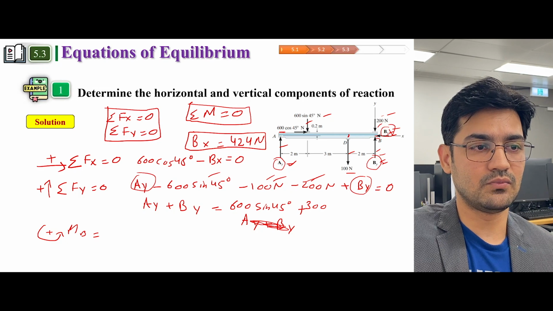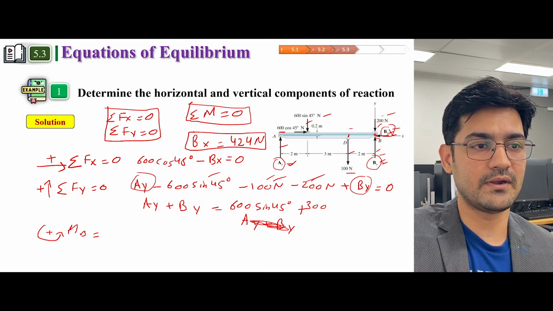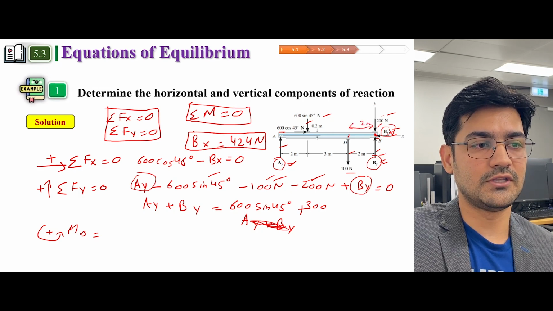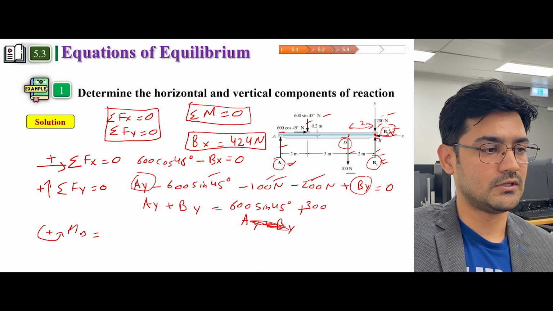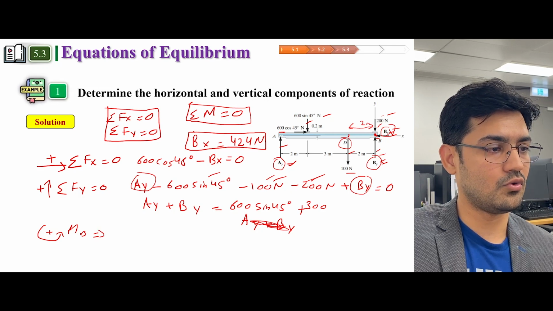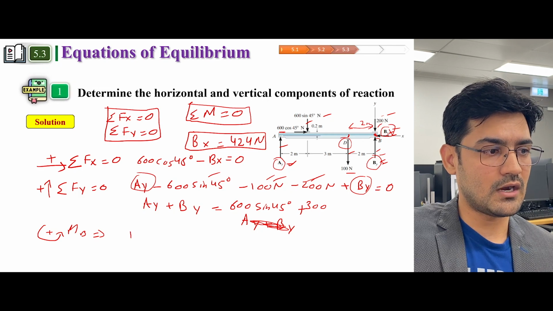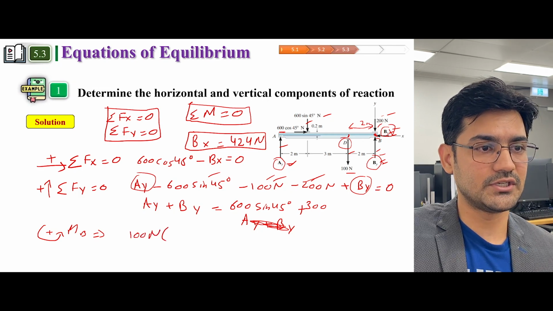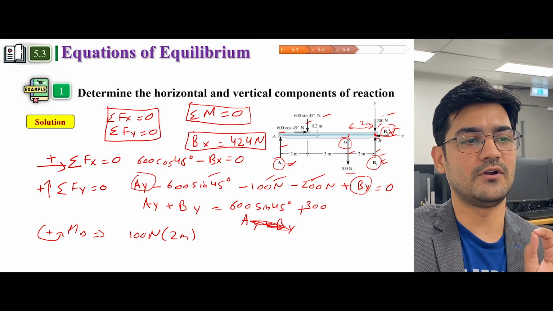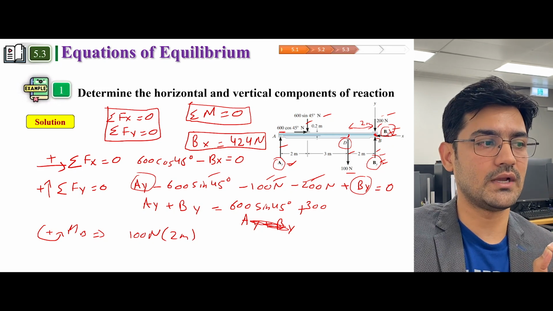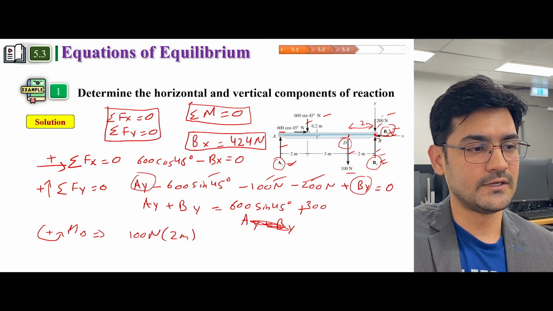Now what is the distance between moment at this point b and d? The distance is 2 meters. So for this force, the moment would be 100 Newton into what is the distance? 2 meters. So this is the moment for 100 Newton force. And this is anti-clockwise, so anti-clockwise is positive.